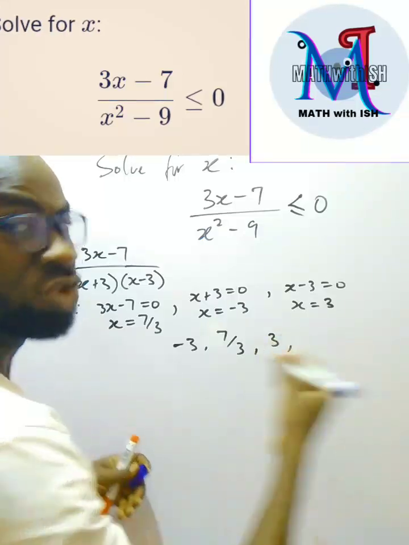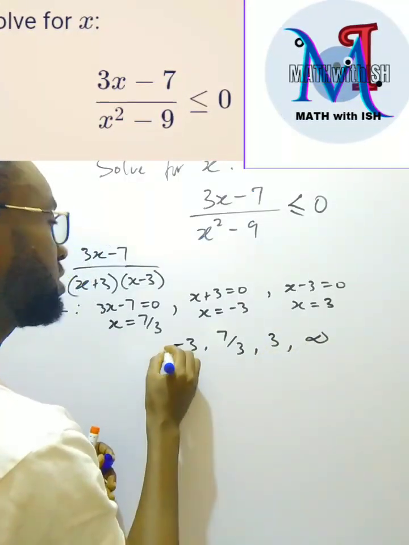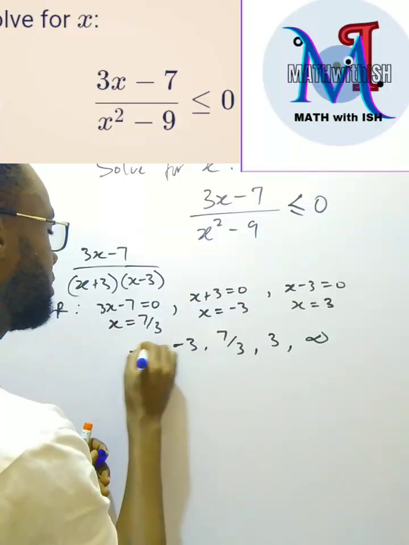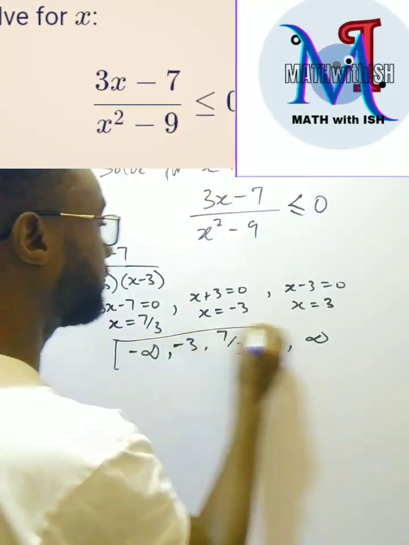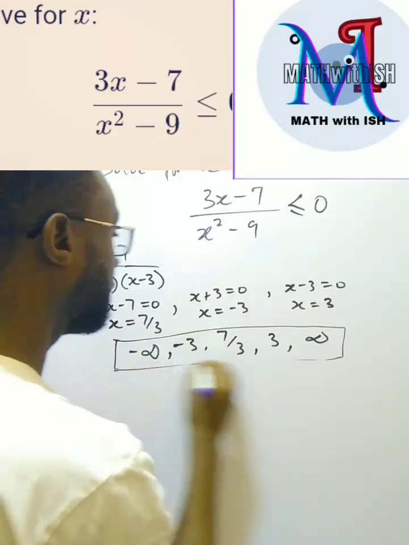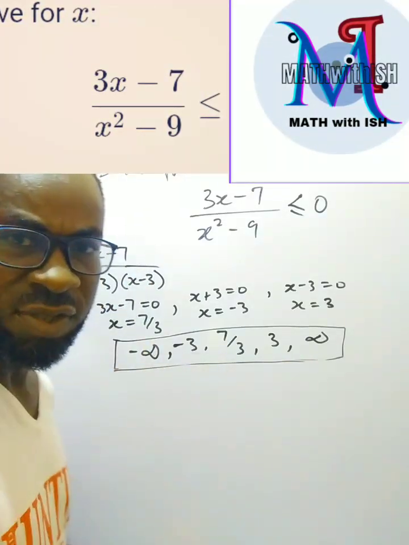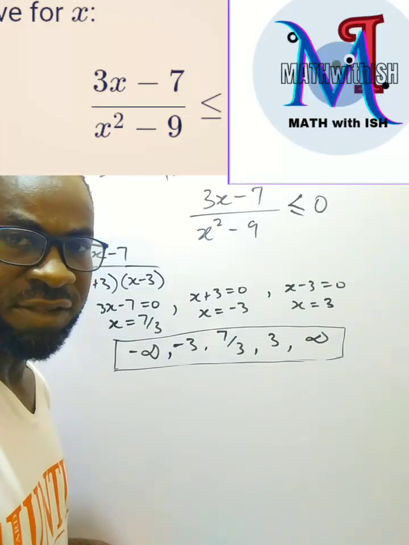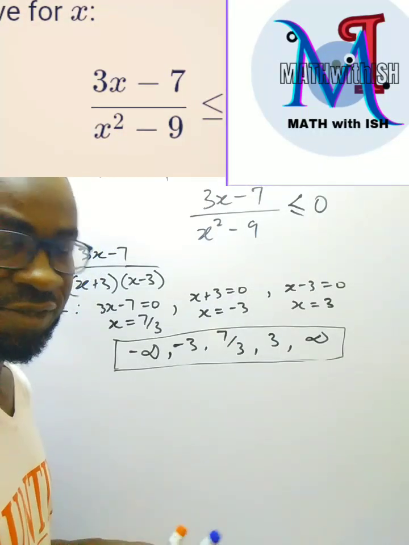When we add the two extremes, minus infinity at the first and plus infinity at the end, we are going to have this set of values. This is what we're going to use for our sign analysis.